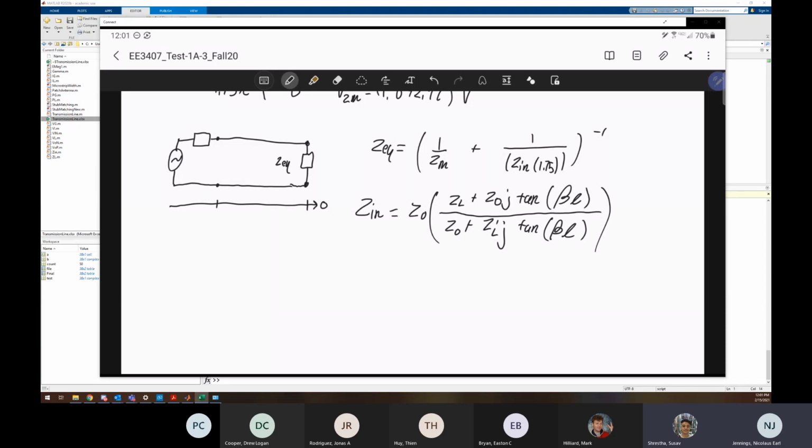Does anyone have a value for Zn? Zn at the location L equals 1.75.